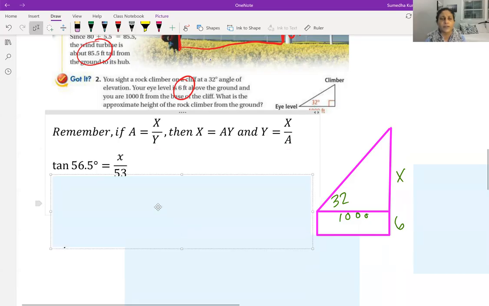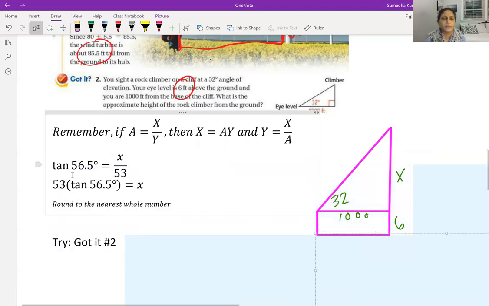And so in the question above, what they have done is they've multiplied both sides by 53 and you round to the nearest whole number.